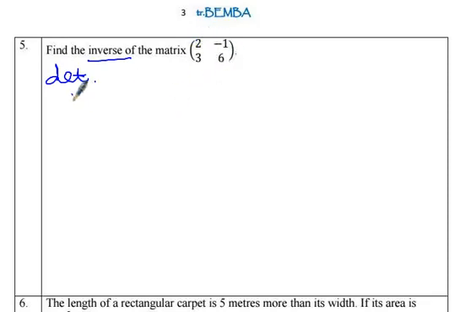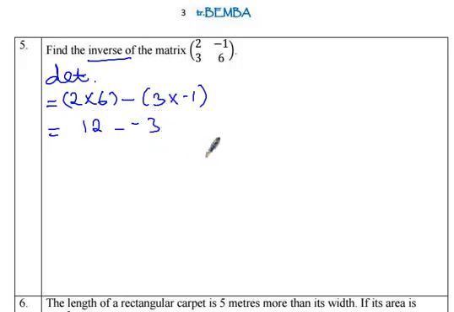The product of these two numbers along the major diagonal, take away the product of these two numbers along the minor diagonal. And so when you multiply, we have this minus 3, okay? And when we add, because now this is turning into a plus, we have a 15. So that is our determinant.